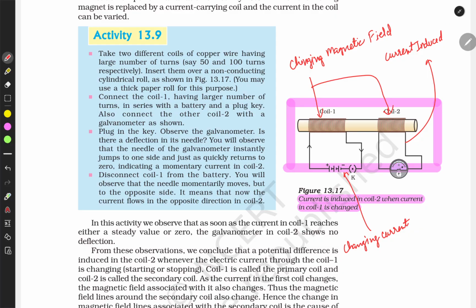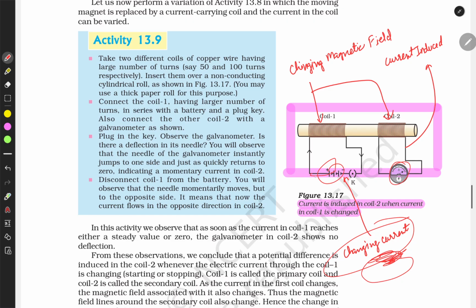When we do this experiment, we have two circuits here. One is connected with a galvanometer, which detects the presence of electricity, and the second is a complete circuit connected with a battery, and we are turning this circuit on and off, continuously changing the current in this circuit. That means we are changing the potential difference. So the changing current is also changing the magnetic field.